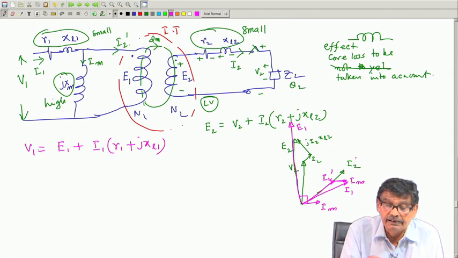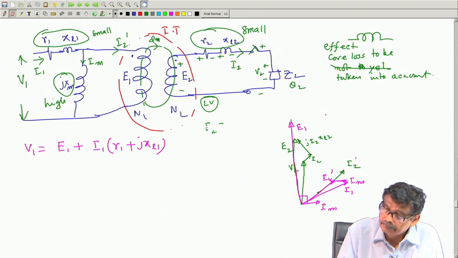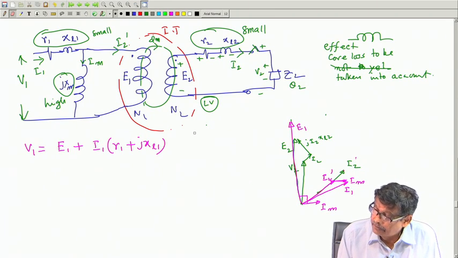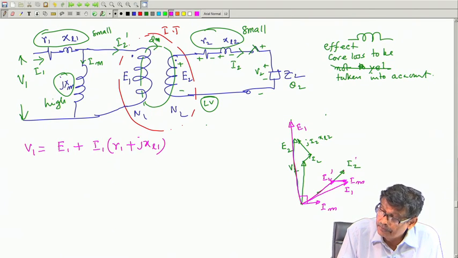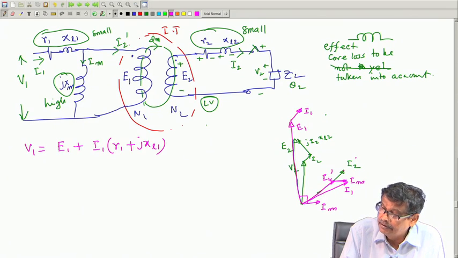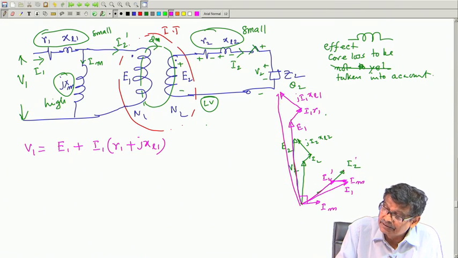So, to this E1 you now add I1R1, parallel to wherever it is, I1R1, and to this you add I1, which is 90 degrees, jI1Xl1, and get your supply voltage V1.